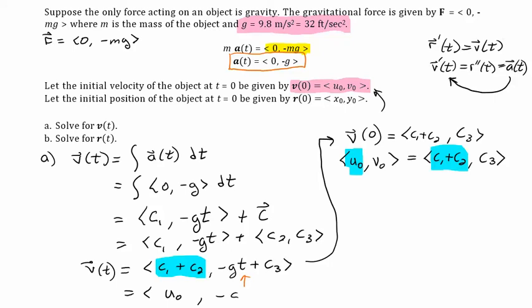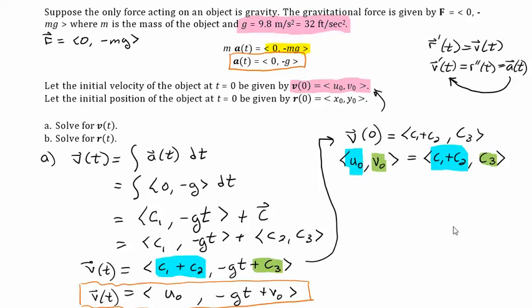Then I have negative g times t, and what is c sub 3? C sub 3 is the y-coordinate of my initial velocity, so I'm going to substitute that in right here, plus v sub 0. So there we have our formula for the velocity function. Let's put that in a nice rectangle to make it official.